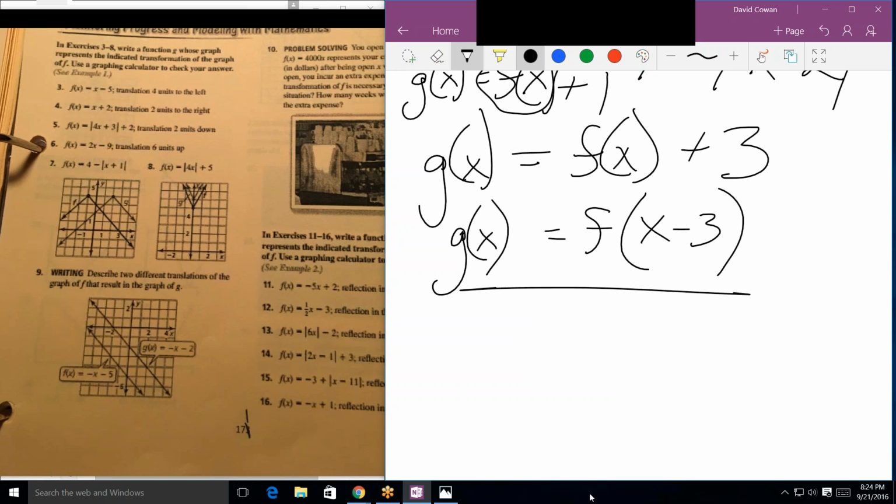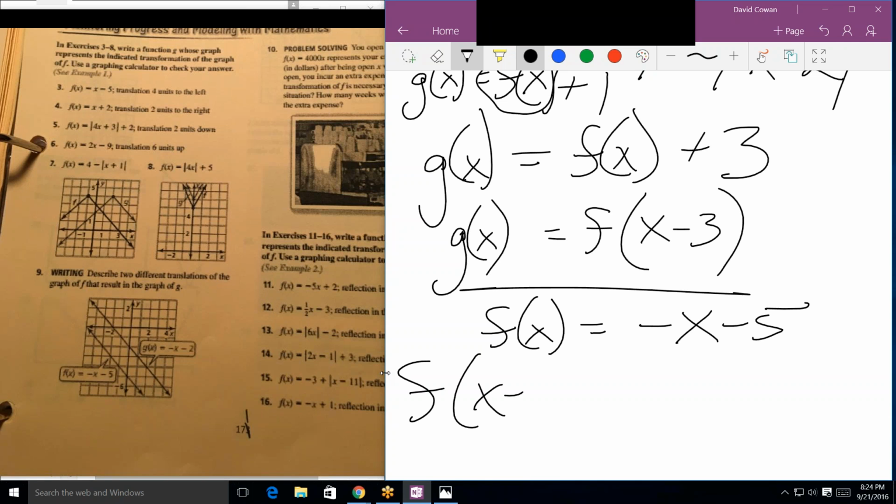Now, let's see if this one produces the correct function. Here's f of x again. It's minus x minus 5. So f of x minus 3, how am I going to do that?